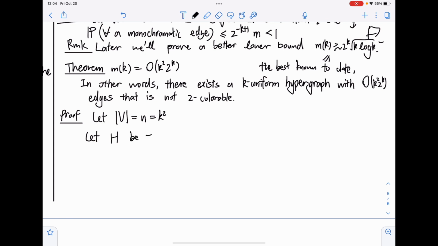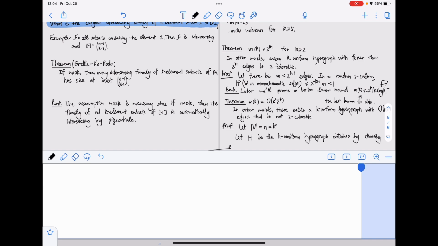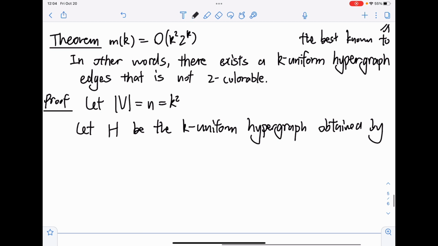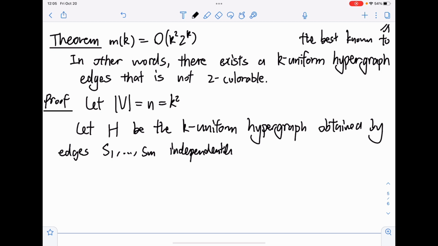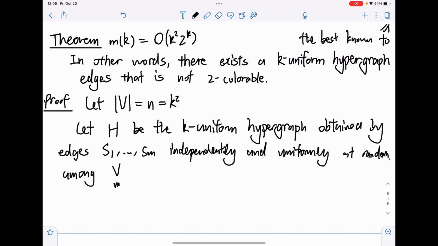We'll let H be the k-uniform hypergraph obtained by choosing m edges, let's say S1 to Sm, independently and uniformly at random among this subset of vertices with size n.